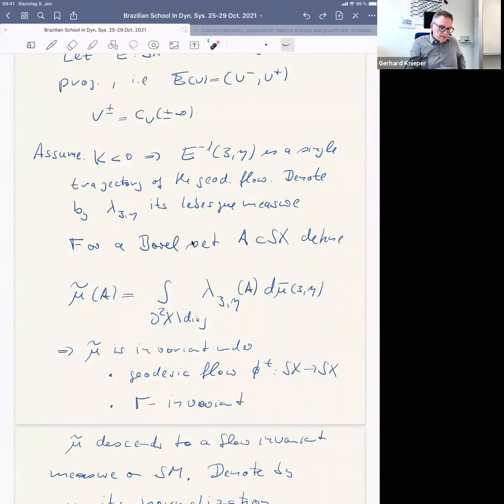You have this measure on the boundary squared, and then you take the connecting geodesic, intersect it with the set Z, take the Lebesgue measure, and this gives you a measure of any Borel set Z in the unit tangent bundle of the universal covering. So obviously this mu bar was gamma equivariant.